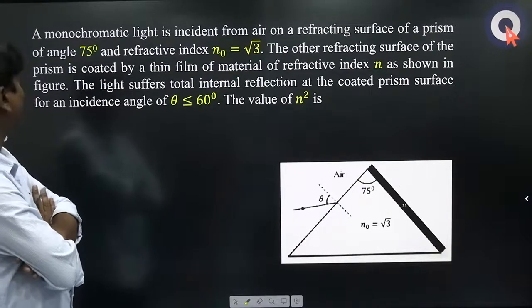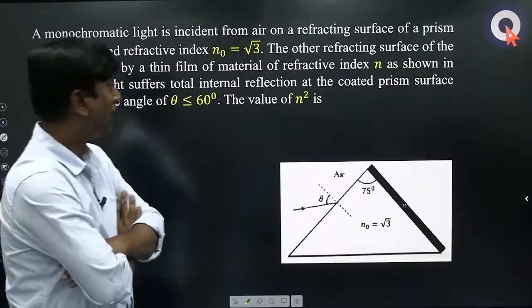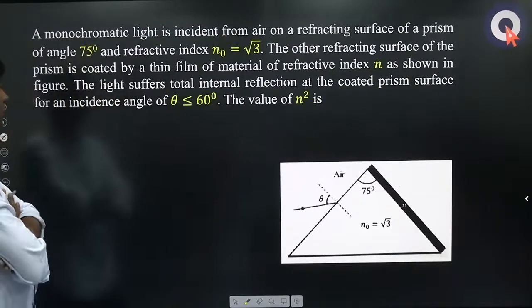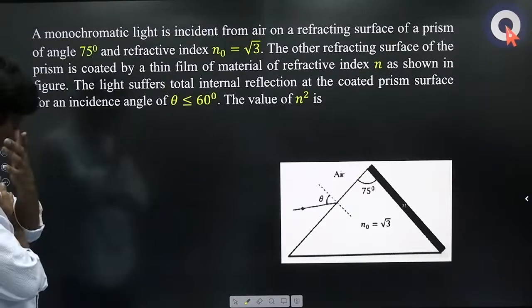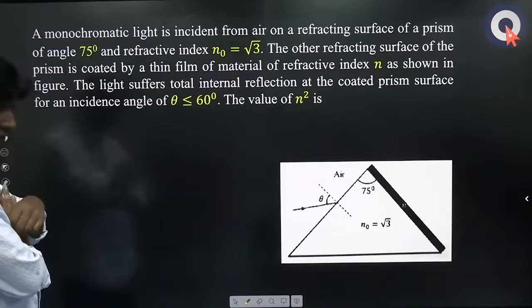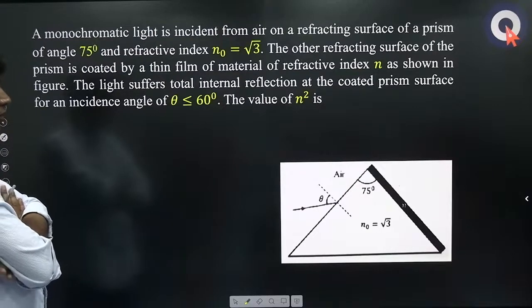The other refracting surface of the prism is coated by a thin film of material of refractive index n, as shown in the figure. The light suffers total internal reflection at the coated prism surface for angle of incidence theta less than or equal to 60. If theta is greater than 60, it won't have total internal reflection. Then what is the value of n square?